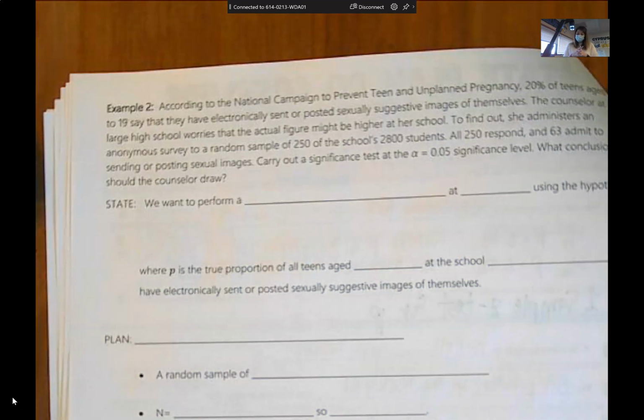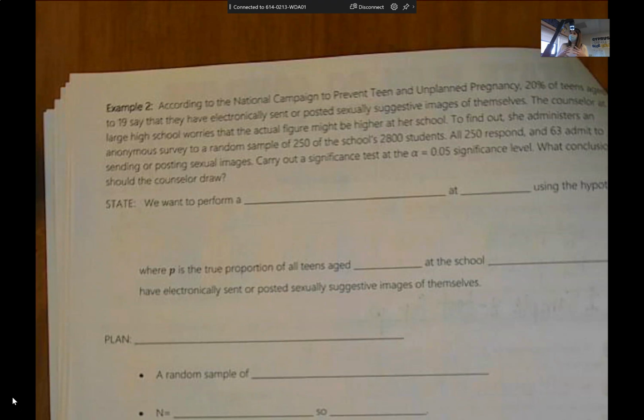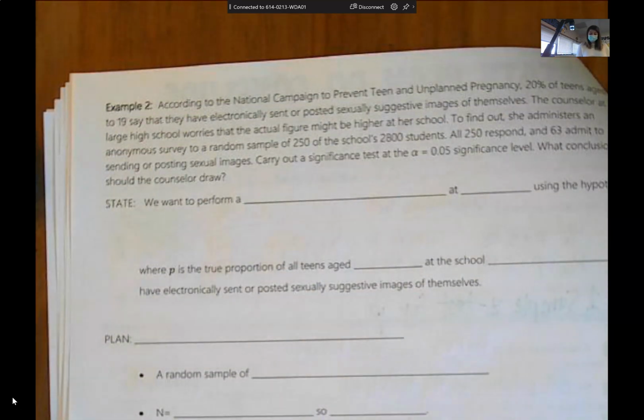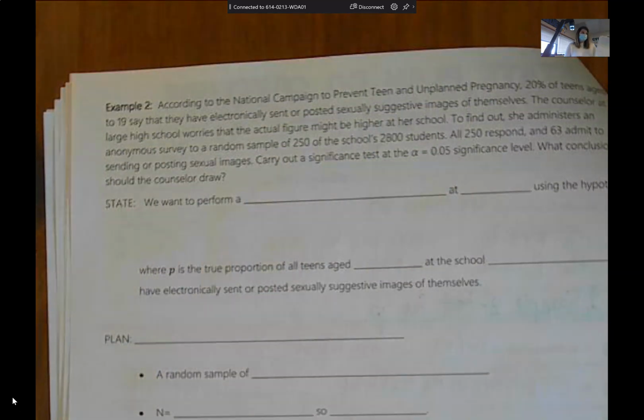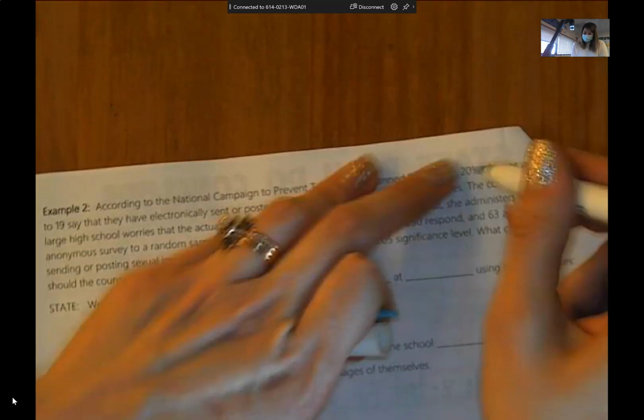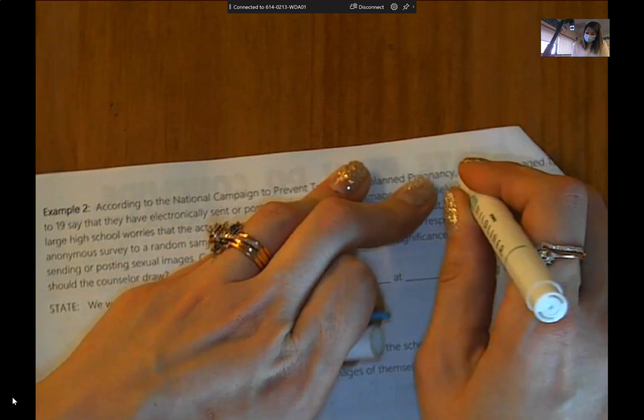So, according to this national campaign, 20% of teens aged 13 to 19 say they have electronically sent or posted sexually suggestive images of themselves. So that is our null value, that p is 20%.